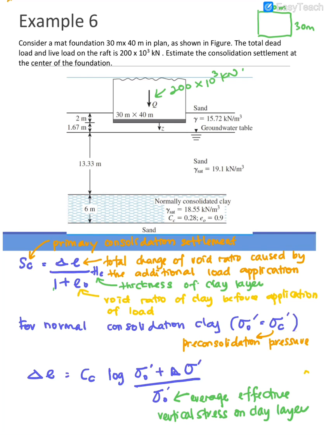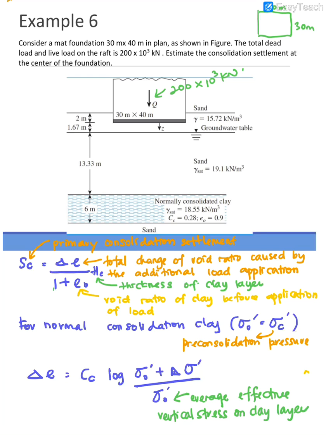Then for normal consolidation clay, sigma naught prime equals sigma c prime, where sigma c prime is the pre-consolidation pressure. So delta e equals Cc log of (sigma naught prime plus delta sigma prime) over sigma naught prime.